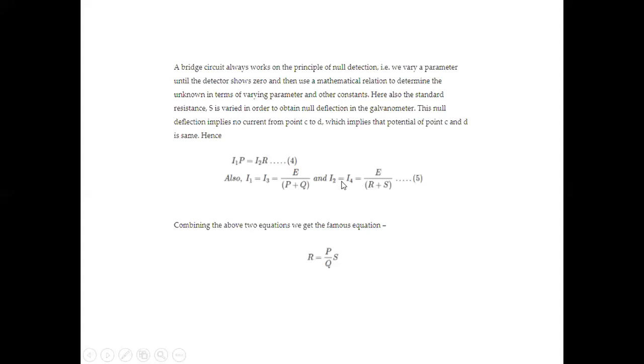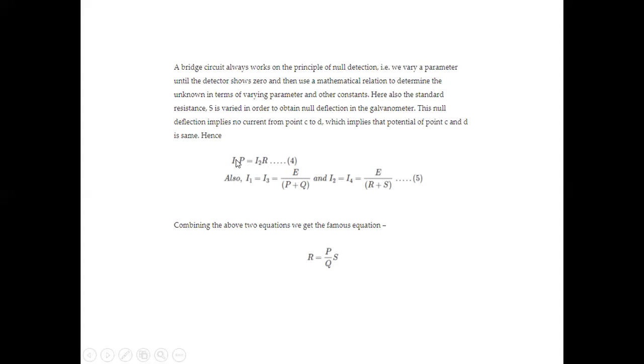Then by solving these equations, put the values of I1 and I2: I1 P means E upon P plus Q is equal to E upon R plus S into R. Then cross multiply, E will be cancelled. P into R plus S is equal to R into P plus Q. Then PR plus PS is equal to PR plus PQ.